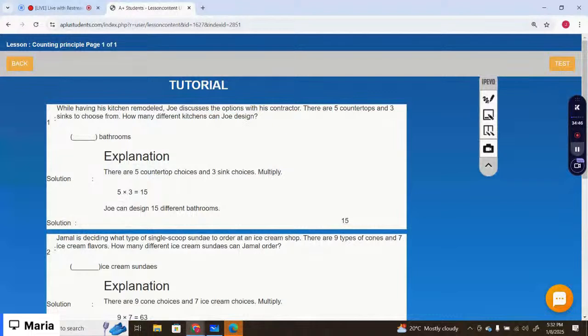While having his kitchen remodeled, Joe discusses the options with a contractor. There are five countertops and three sinks to choose from. How many different kitchens can Joe design?